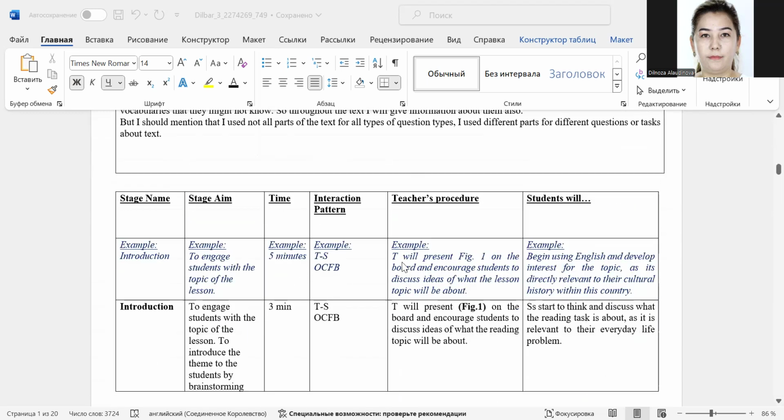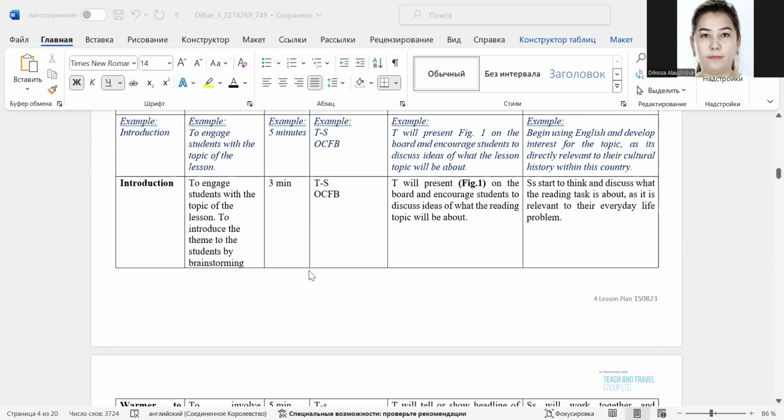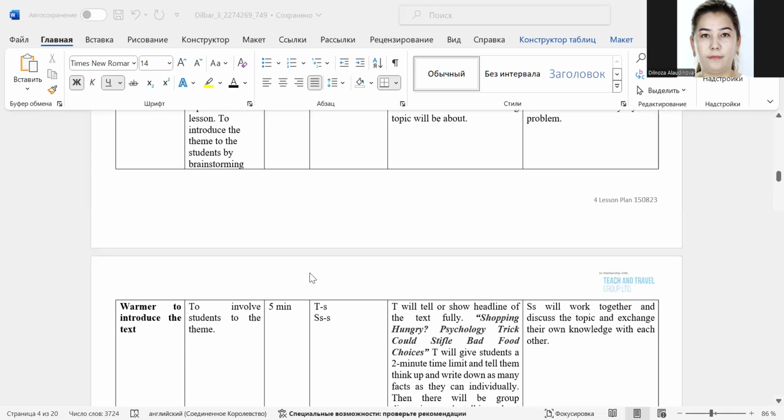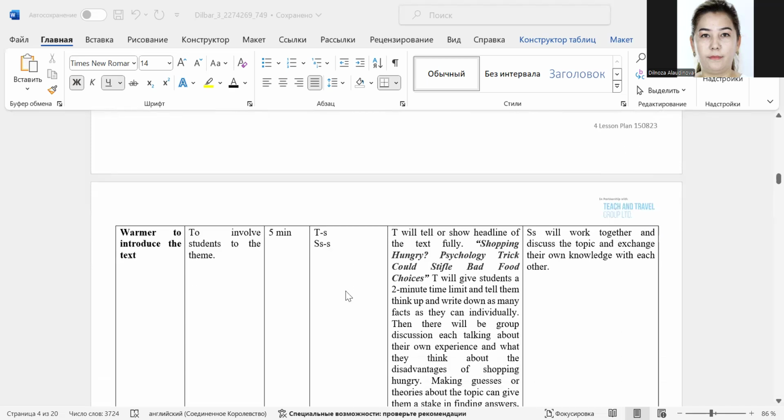Next, before getting into the reading lesson, the students may be challenged with an introduction, then a warmer to introduce the text. For example, in the warmer, the teacher will tell or show the headline of the text fully. It may be any kind of text according to the students' level.